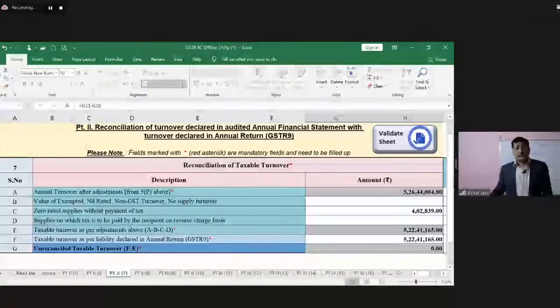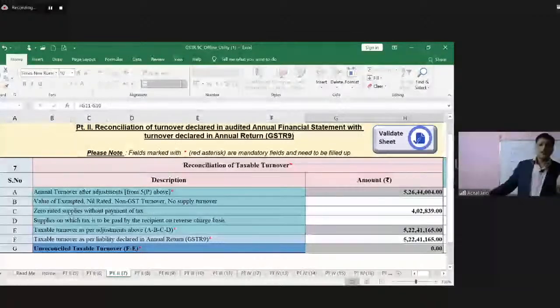From the annual turnover, what do we reduce? All of these items. Because these are definitely the turnover as per GST law, but on which tax is either nil or they are exempt. So should there be any GST liability on this amount? No. So in this example, what has been done?